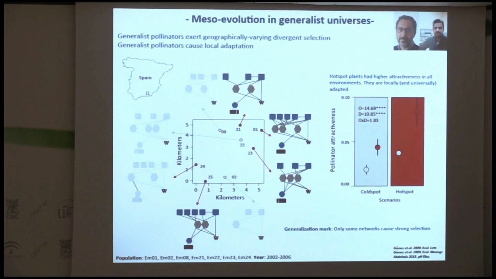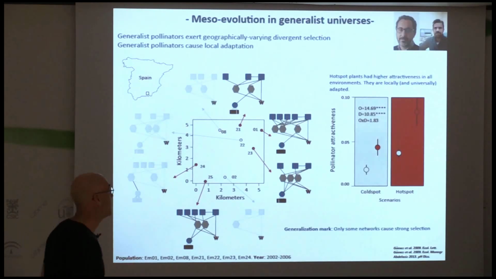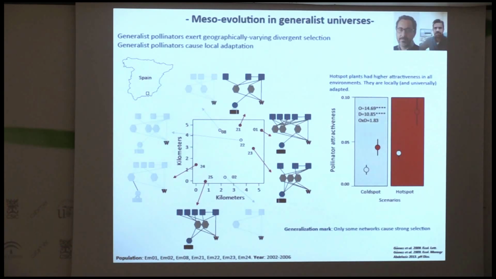That makes it harder for ecologists trying to identify the evolution of plants mediated by generalist interactions. But what we found is that you can find local adaptation to specific pollinators occurring in a specific population. I told you that there are some hot spots and cold spots.